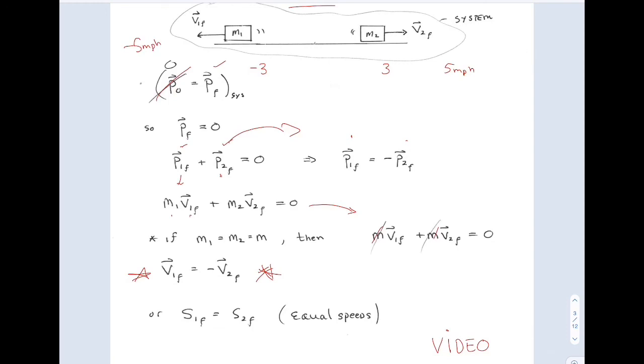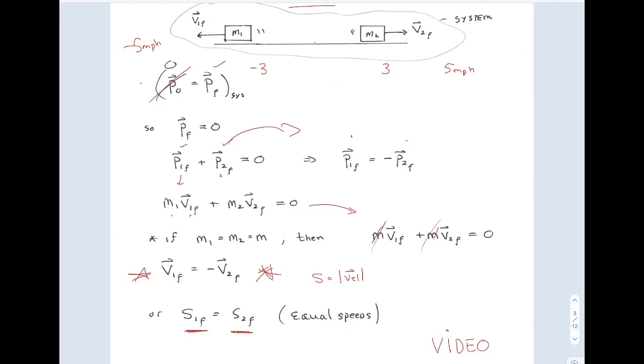They break apart with equal and opposite velocities. Remember, speed is the magnitude of the velocity. So if I take the absolute value of both sides, that says they break apart with the same speed.